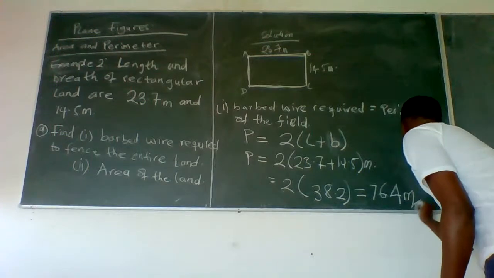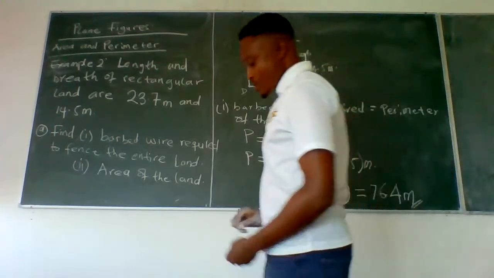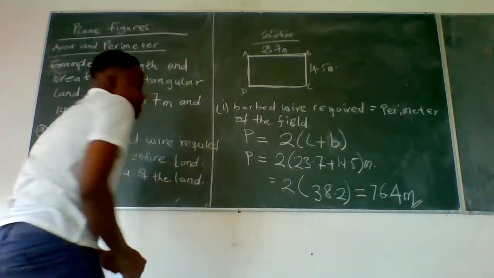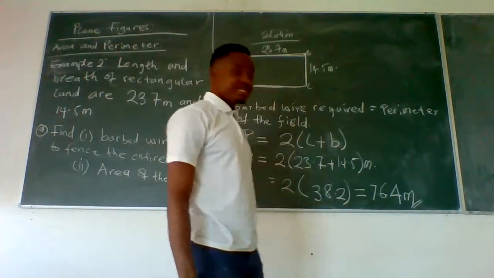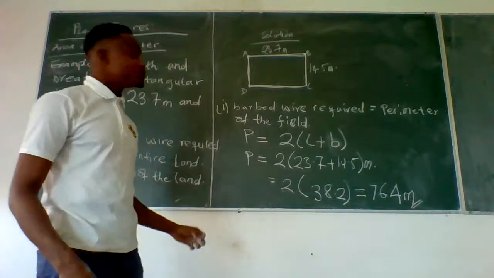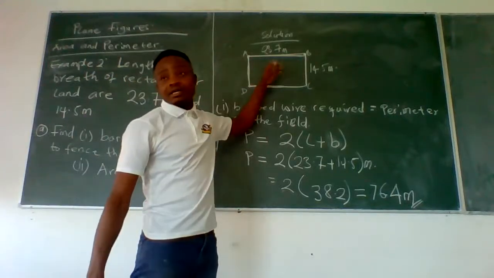So you need a wire length of 76.4 meters to be able to fence the plot.